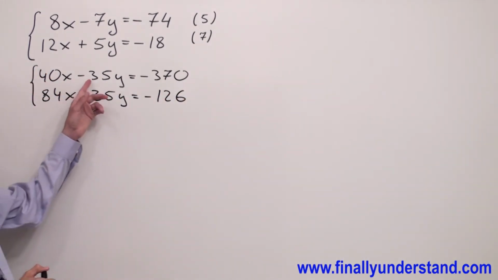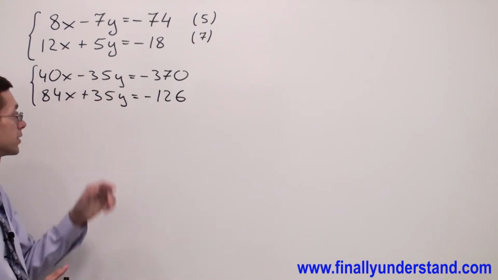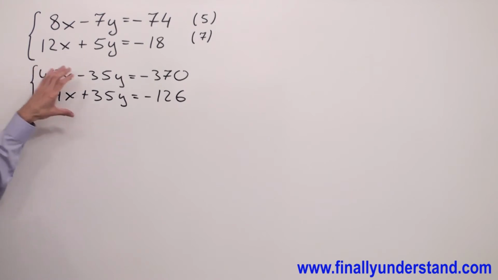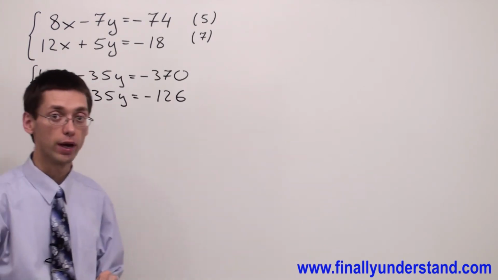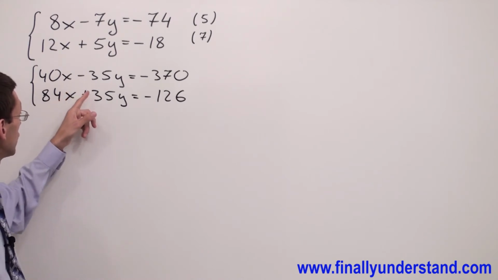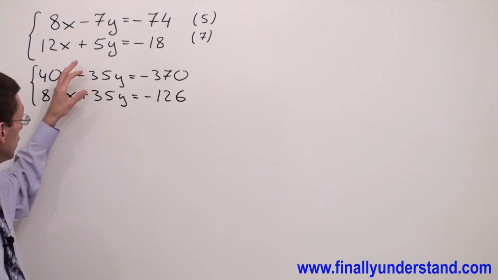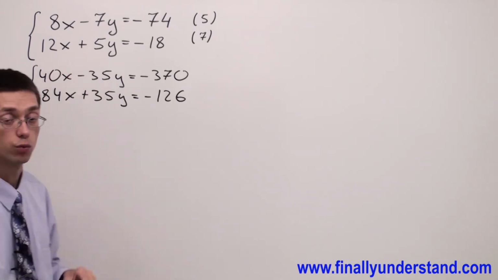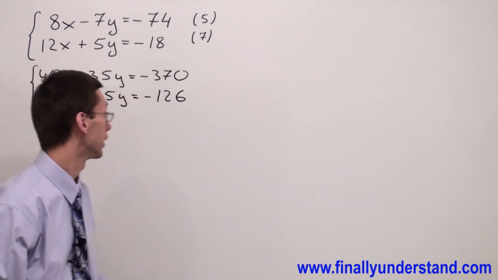We have negative 35y and positive 35y. We're supposed to add these two equations. Why? Because the signs next to the coefficient, which is the same for both equations, are different. That's why we're supposed to add these two equations.